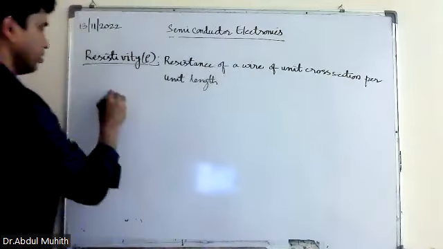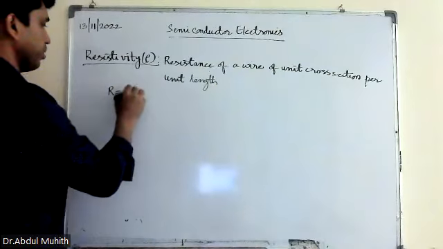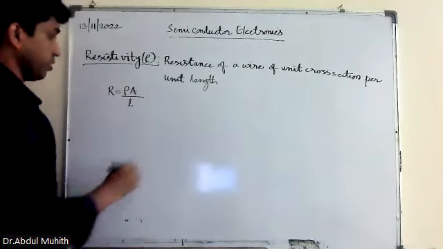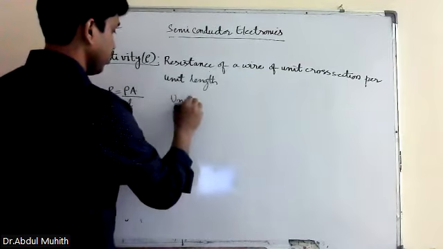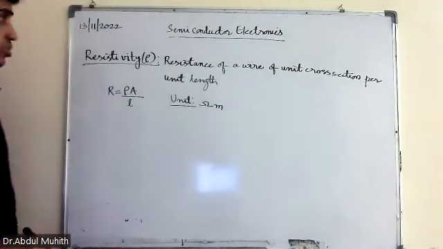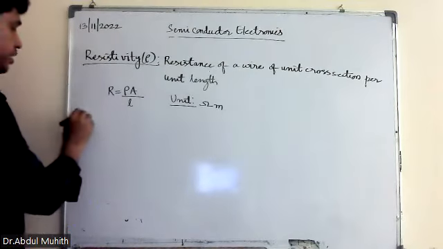We already know that R is equal to rho L by A. Is that clear? So the unit is ohm meter. Next is what? Conductivity.